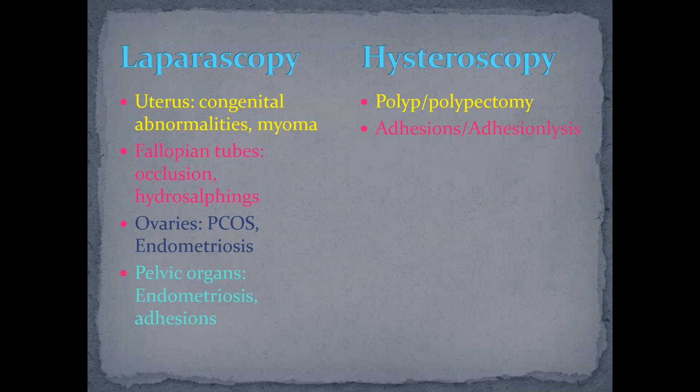Also to find out if there are adhesions inside the uterine cavity, and in parallel we perform adhesion lysis. Removal of submucous myoma, myomectomy, because submucous myomas lead to deformation of the uterine cavity, followed by excessive bleeding during the menstrual cycle or between menstrual cycles, like metrorrhagia, and in some cases they create an obstacle for the implantation of the fertilized egg.